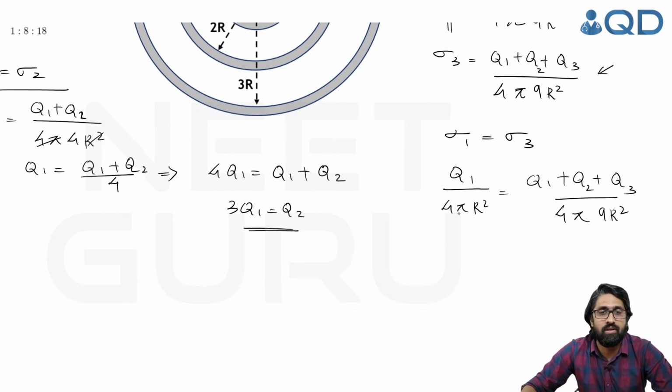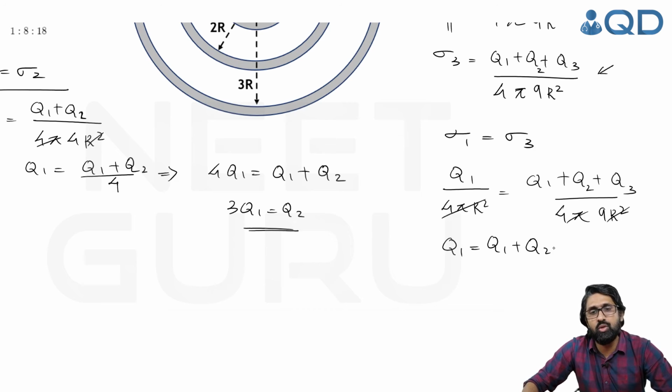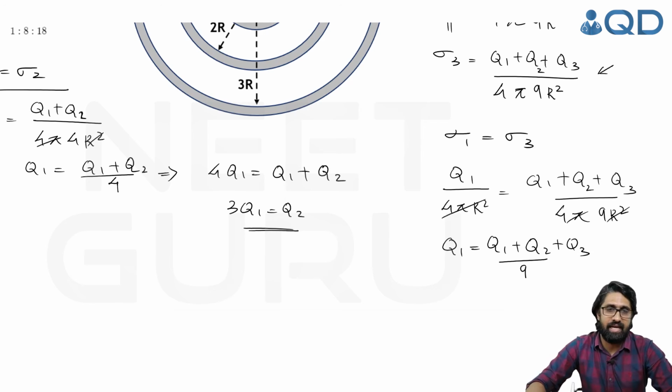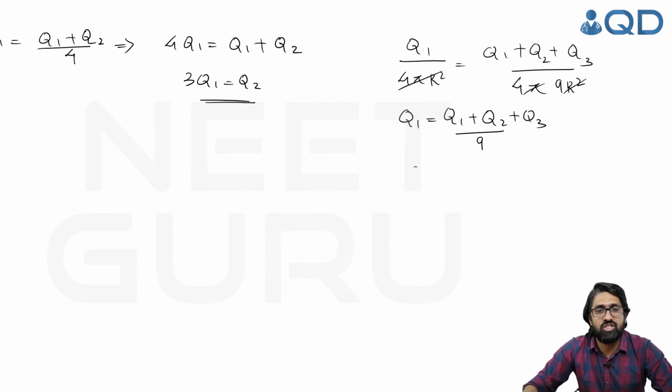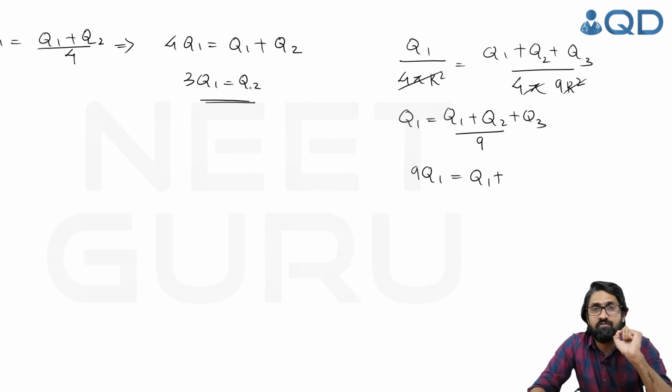When we cancel off 4 pi r square from both sides, we'll have q1 is equal to q1 plus q2 plus q3 divided by 9, which can be rearranged to 9q1 is equal to q1 plus q2 plus q3.